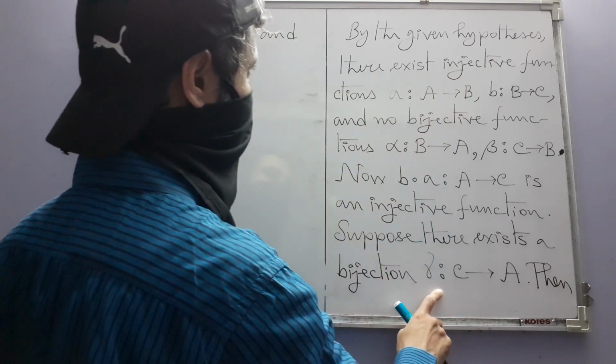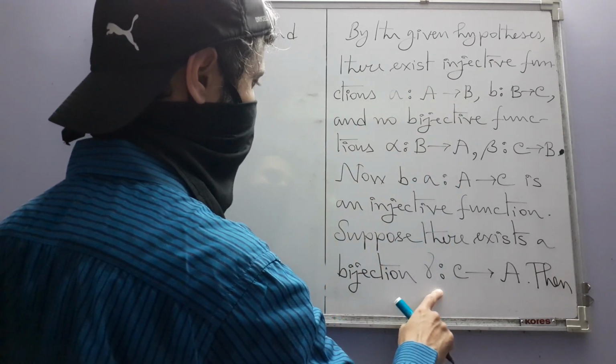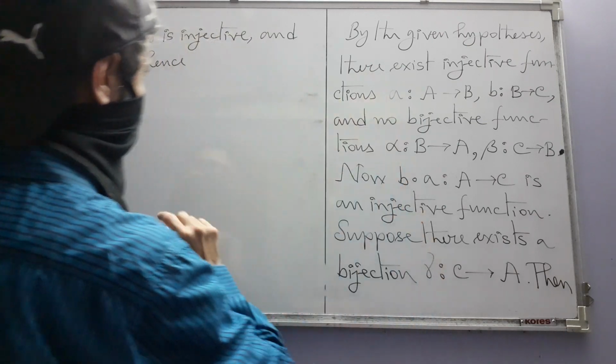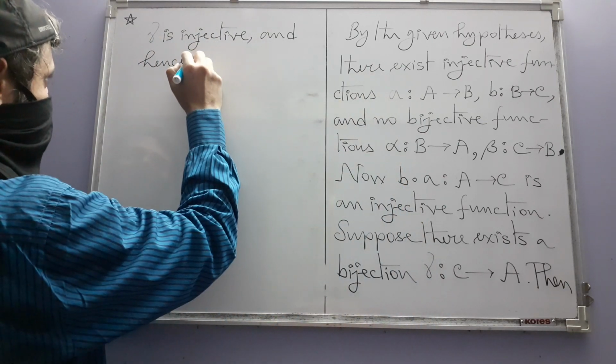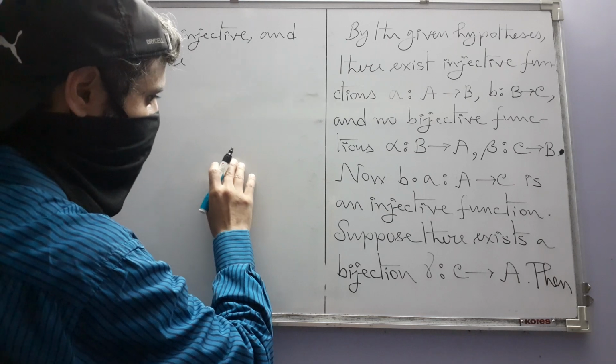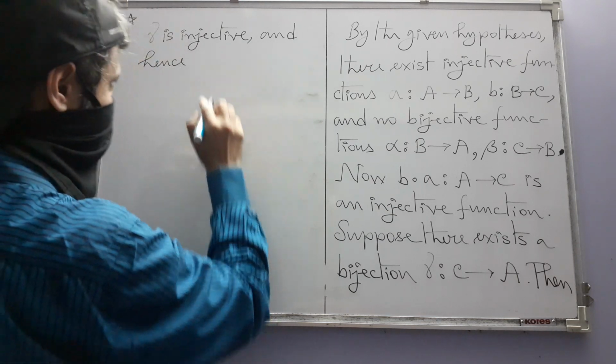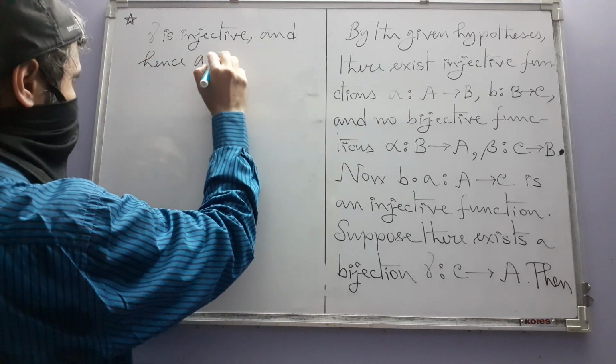Which one should I take? If I take gamma and a, but how will it go? First we go from C, so it will be a composition gamma.